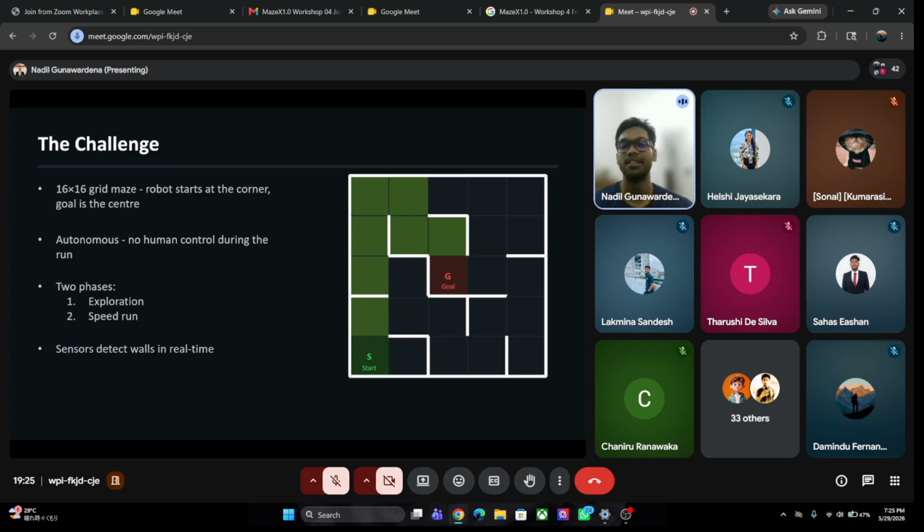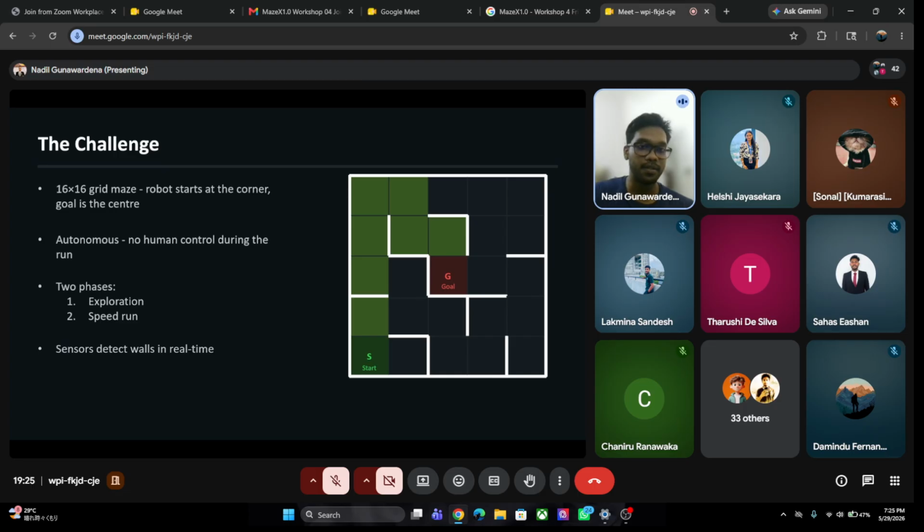So there are 256 cells in this arena. As you can see, this is a 5 by 5 matrix, so this has 25 cells. In the actual arena, it is far more complex.